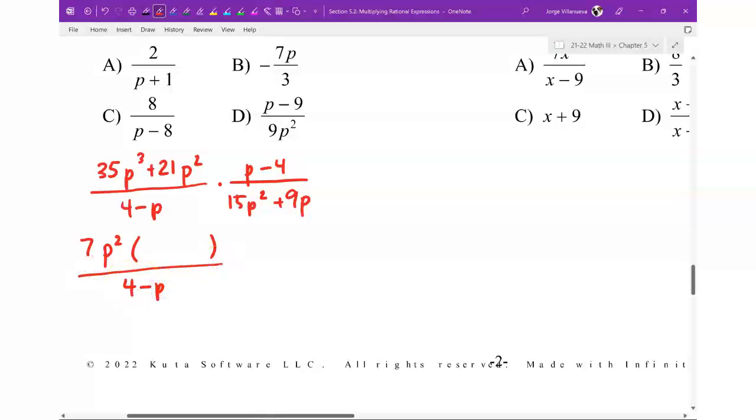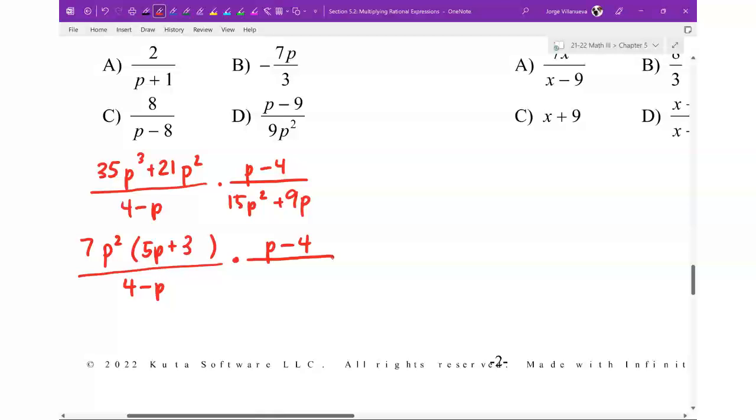So if I take out a 7p squared from 35p cubed, that's a 5p, and then plus 3. That's what gets factored. Okay, 5p plus 3, times p minus 4 over, all right, what can I factor out of the bottom right?